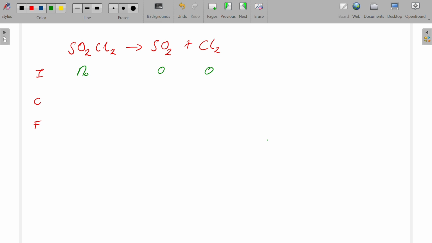So the reactant is reduced by the degree of dissociation, alpha, multiplied by the initial number of moles.